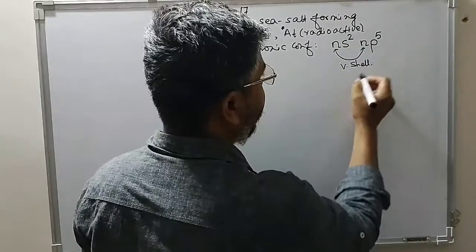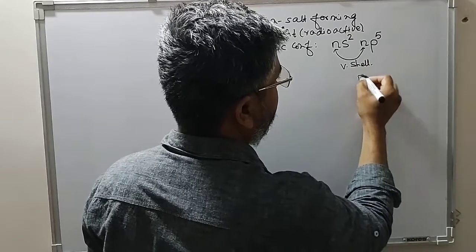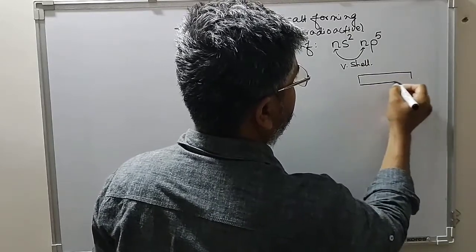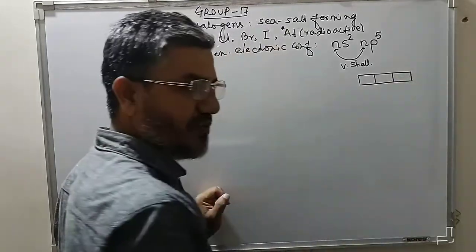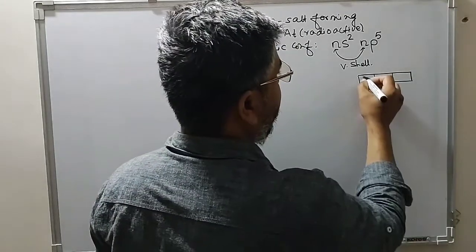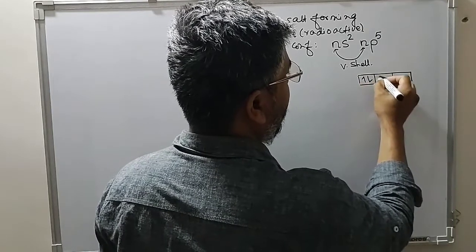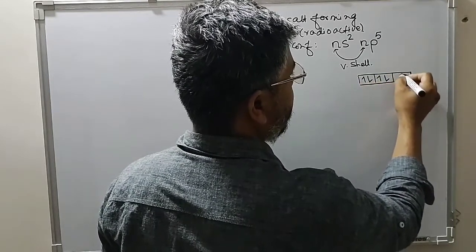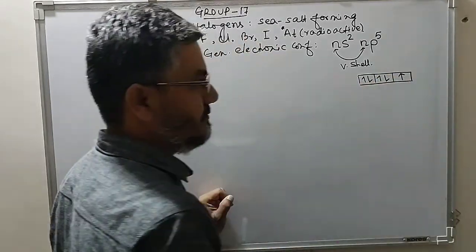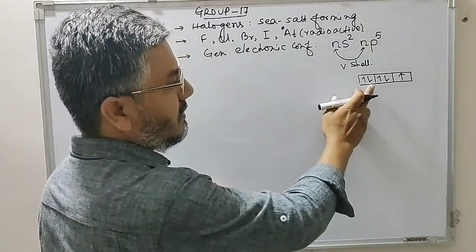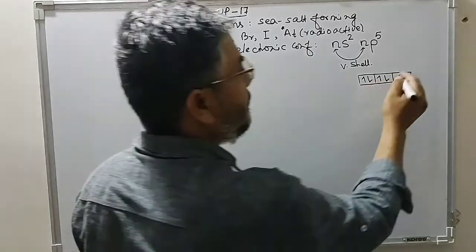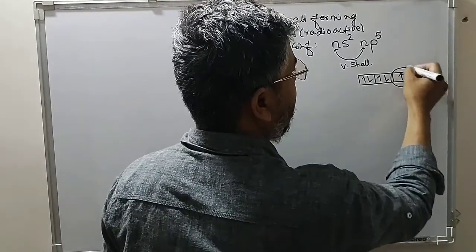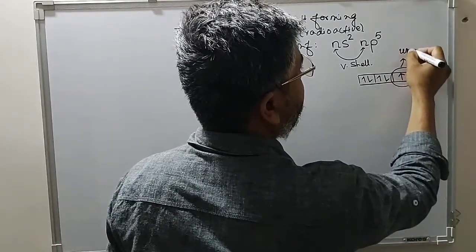In p we have 3 orbitals, px, py and pz, and there are 5 electrons. One electron pair is paired up, another is also paired up, and the remaining electron is unpaired.